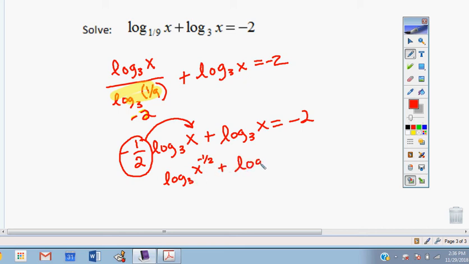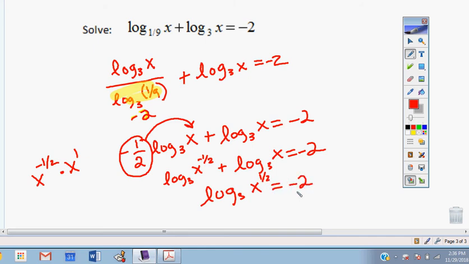Plus log base 3 of x equals -2. Addition is going to be a single log base 3 of the product of these two. So if I took x to the -1/2 times x to the first, what would we do? We would add those together. So I would really have x to the 1/2 power, and that would be equal to -2.